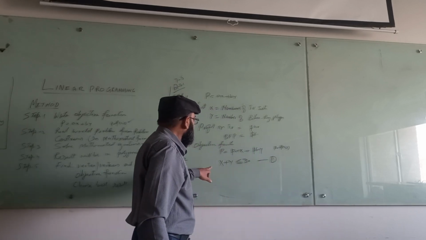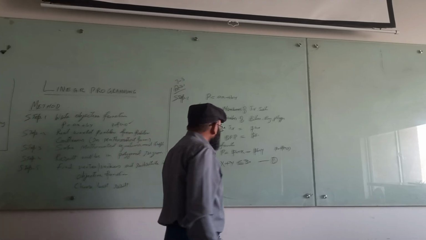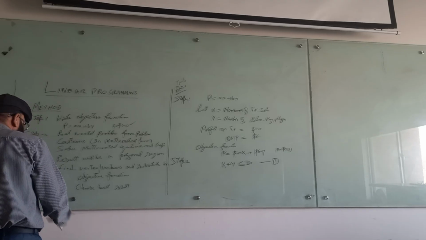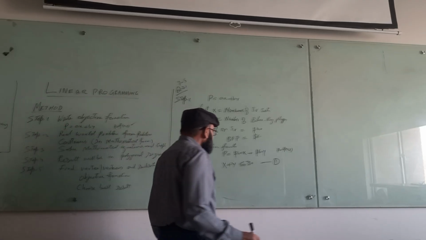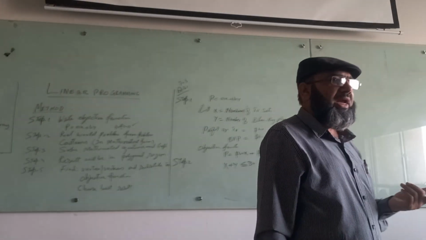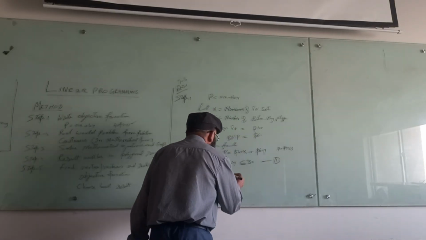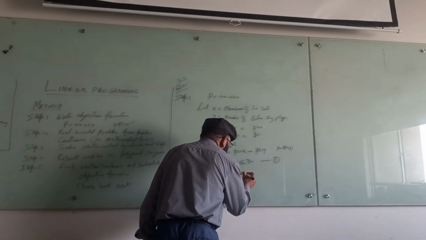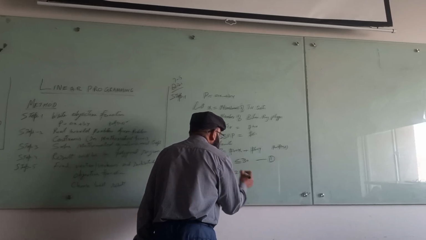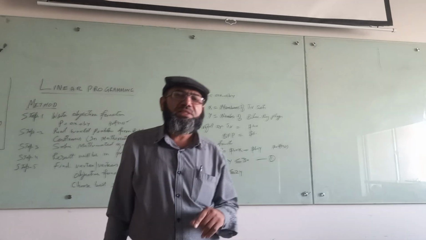And the second is twice. TV is twice the Blu-ray, which is 1. How will it be? It will be x is greater than or equal to 2y. At least means x is greater than, not smaller than.